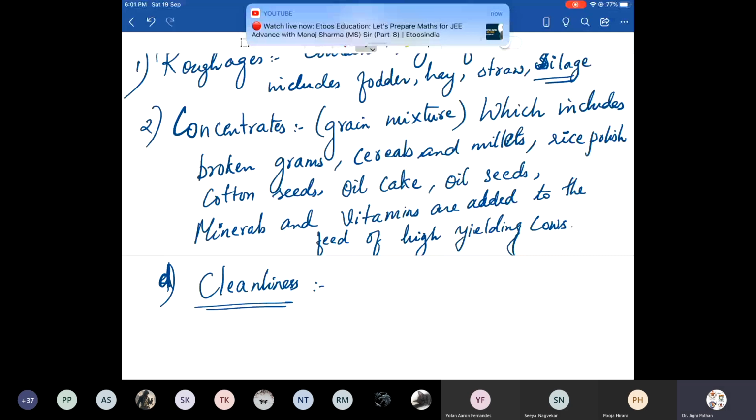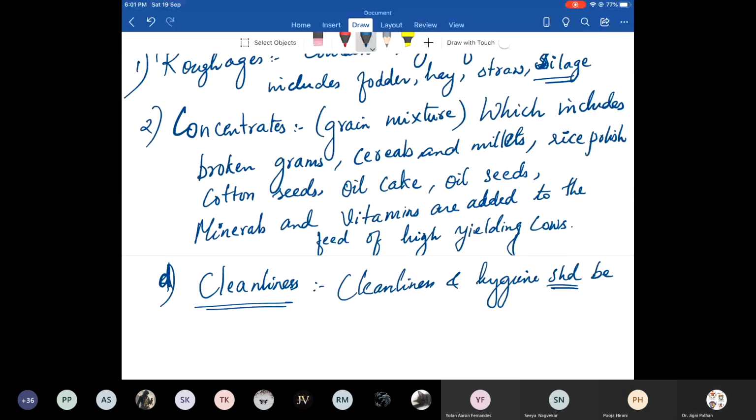Cleanliness and hygiene should be maintained while milking. Very important, my dear students. This point is very important because you cannot milk at dirty places, right?